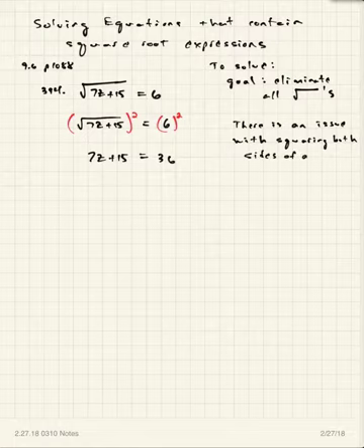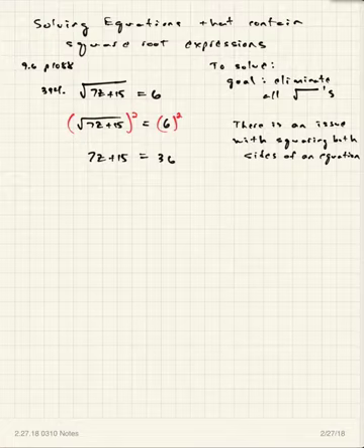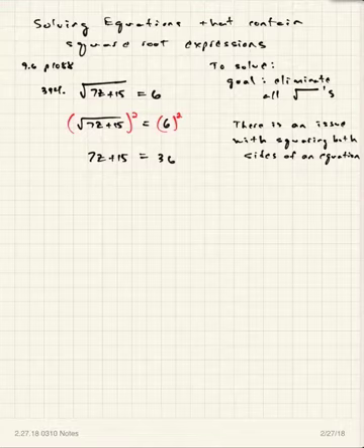In other words, you can't just do that without even thinking about it like you do with addition or subtraction or multiplication or division. There actually can be problems with doing that.